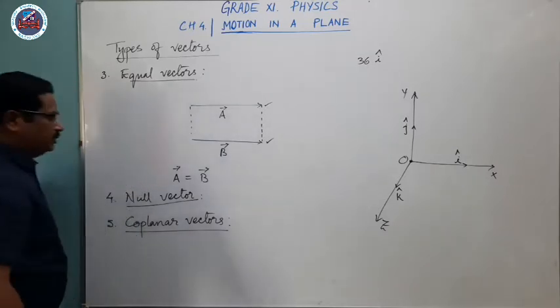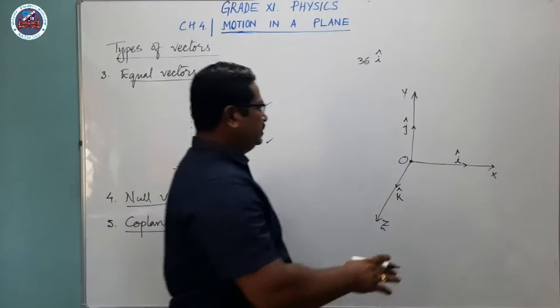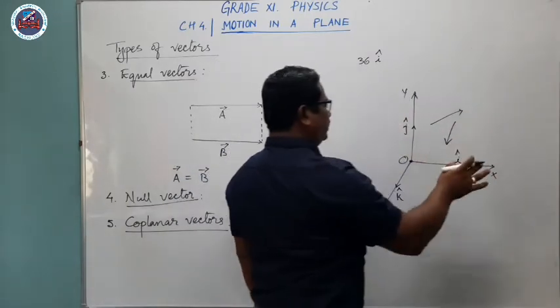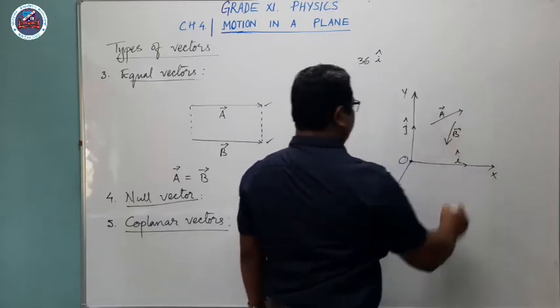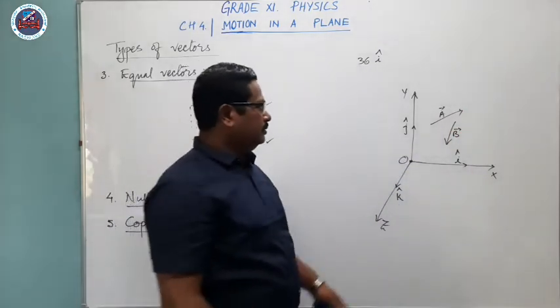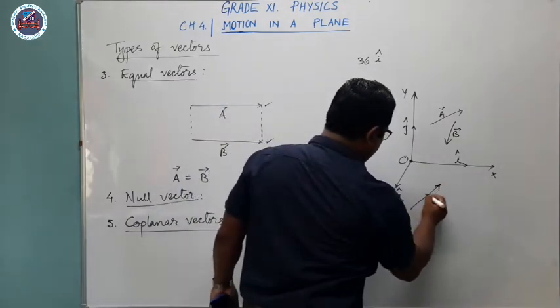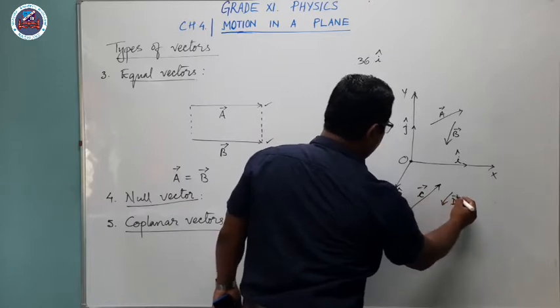If vectors are lying on the same plane, suppose this is your xy plane, I have taken two vectors. It can be in any direction. Suppose this is vector A, this is vector B. Now these two vectors, if I draw here in the xz plane, two vectors C and suppose D, this one.